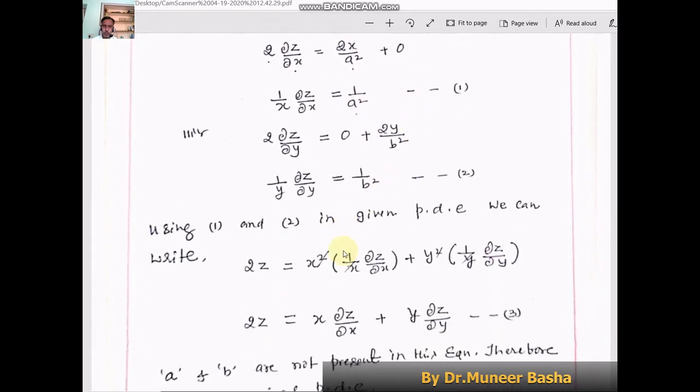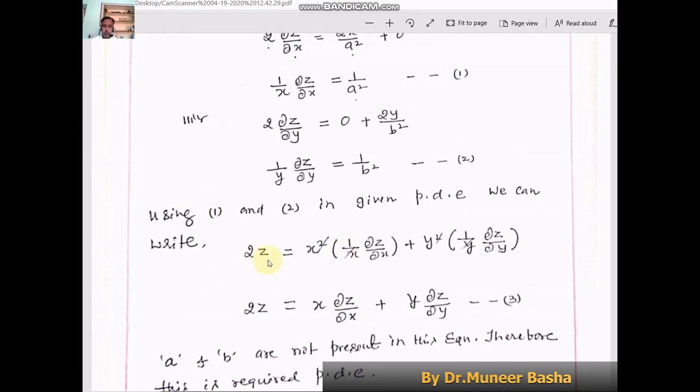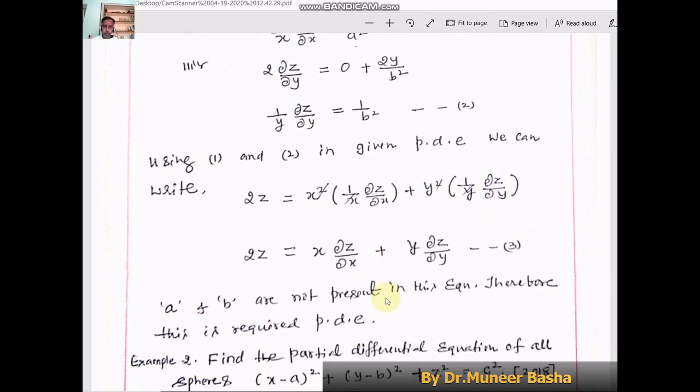Then the given equation can be written as 2z = x² · (1/x) ∂z/∂x + y² · (1/y) ∂z/∂y. Simplify, you will get 2z = x ∂z/∂x + y ∂z/∂y. That is the required partial differential equation.